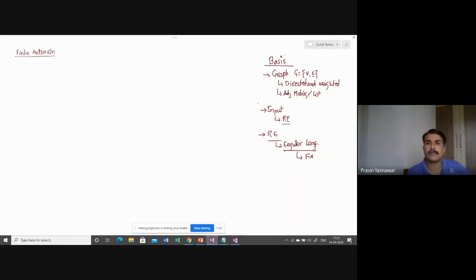Once you understand these basics, we will extend them to one more level. We have seen the graph. Then the important thing which comes in front of us is the transition function, which is referred to as delta.